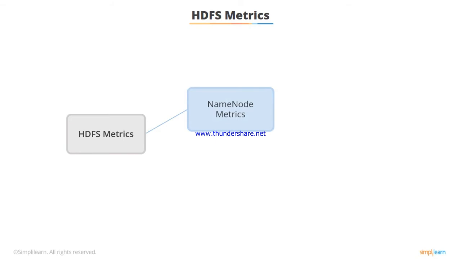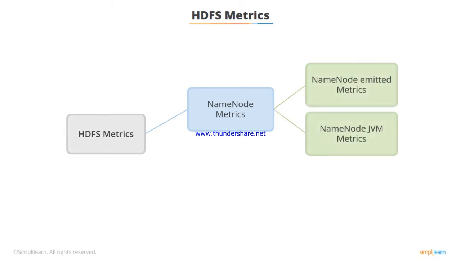These can be further divided into NameNode emitted metrics and NameNode JVM metrics. DataNode metrics are host-level metrics that are specific to particular DataNodes. Let's learn about the two metrics in detail in the following screens.